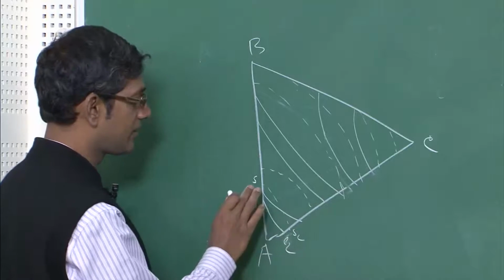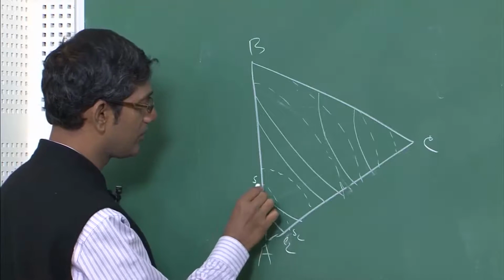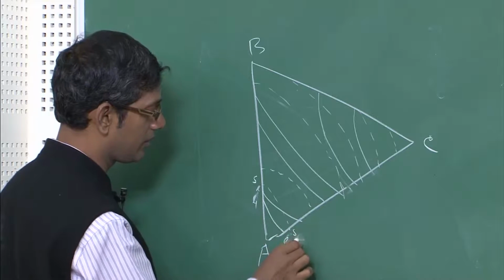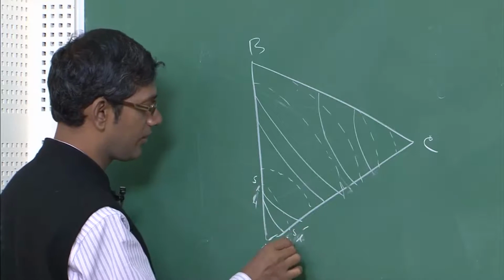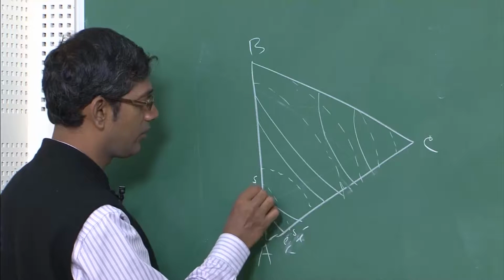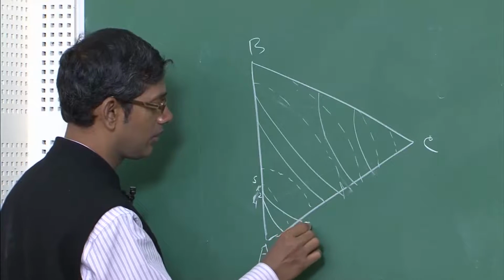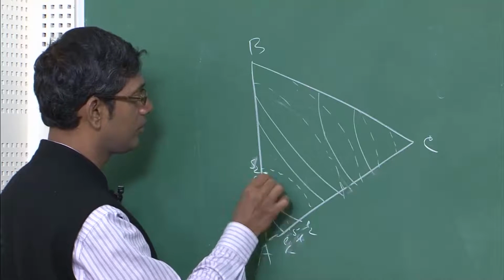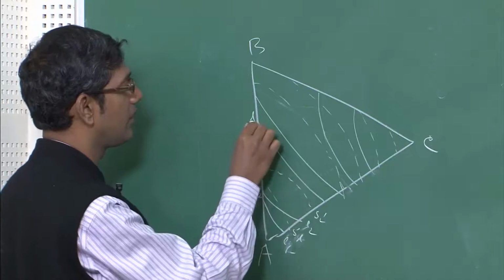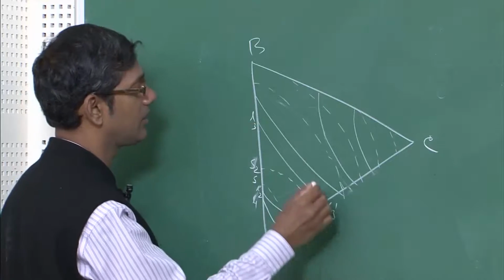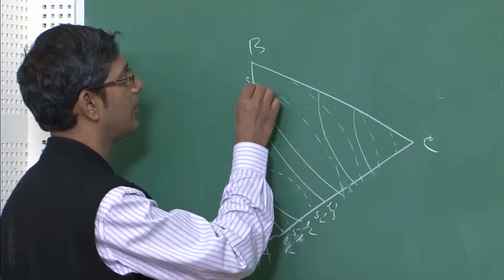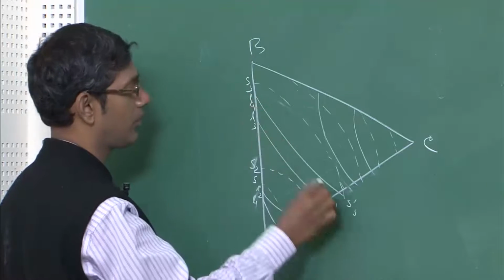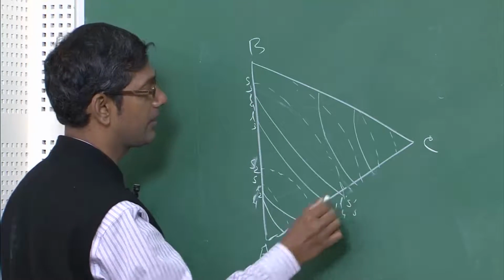Then this is S1 S1 prime, this is L1 L1 prime, this is L2 L2 prime, S2 S2 prime, L3 L3 prime, S3 S3 prime, L4 L4 prime, like that.